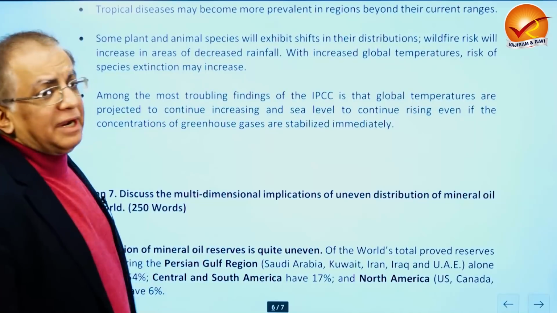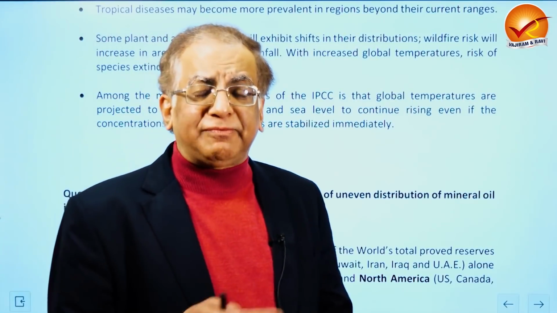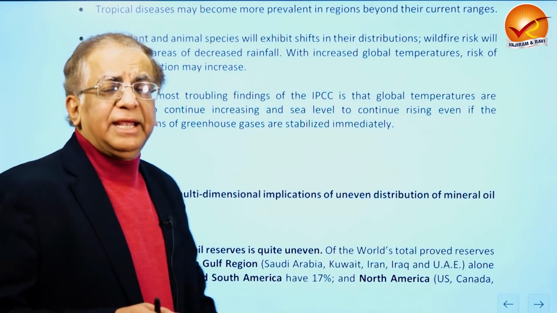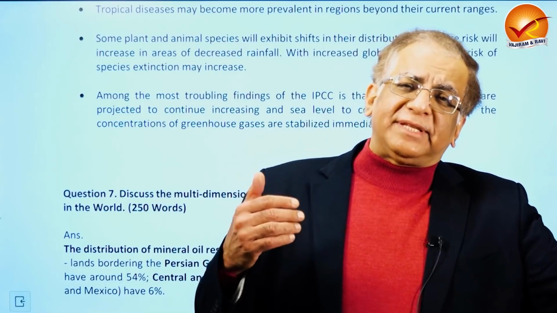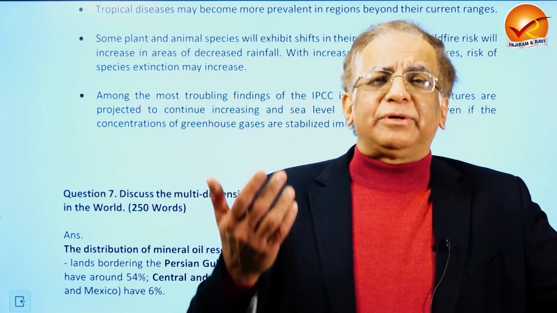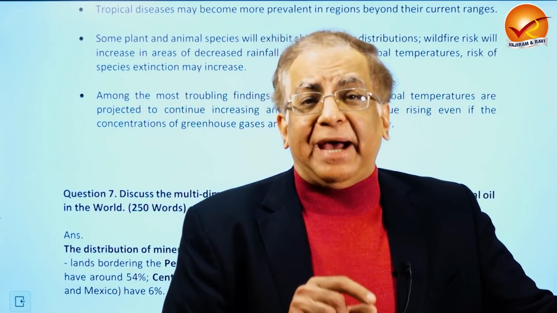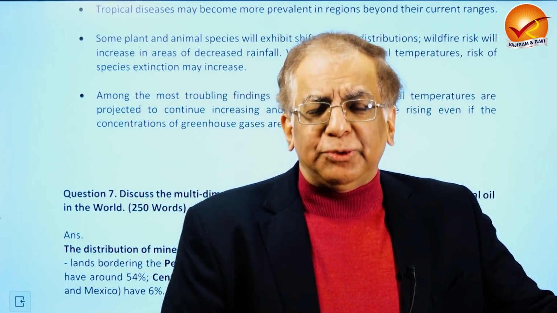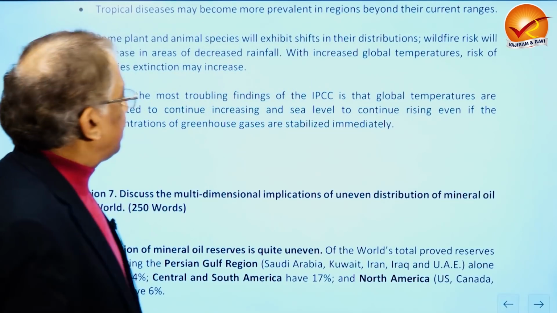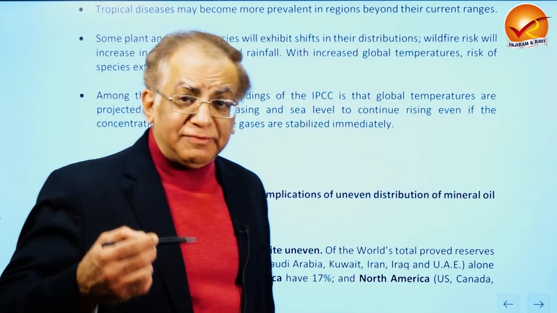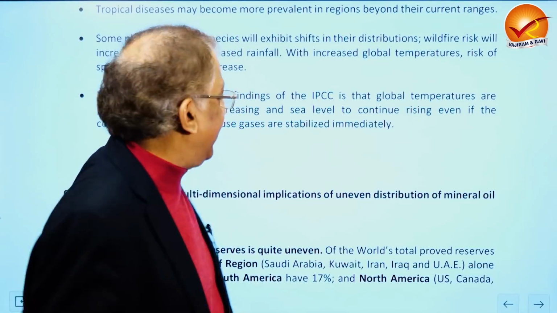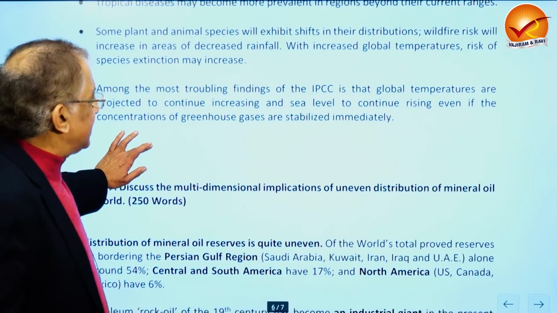Then similarly, plant species and animal species are going to shift latitudinally from lower latitudes towards higher latitudes, and similarly there may be a shift of species of flora and fauna even in terms of height in the mountains, because there is always a parallel between altitudinal zonation and latitudinal zonation of life zones. So we are going to see shifts of flora and fauna species in terms of latitude as well as in terms of height in the mountains.